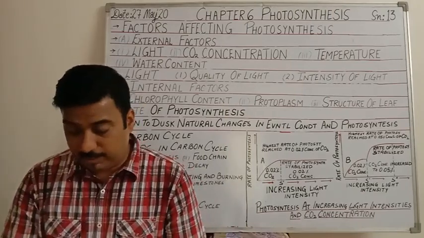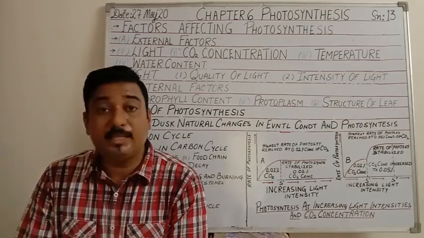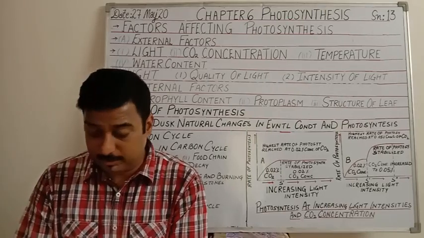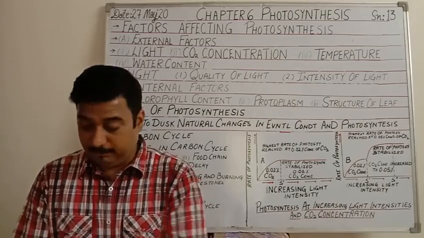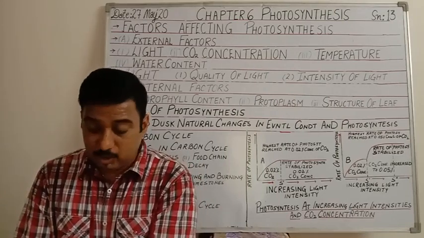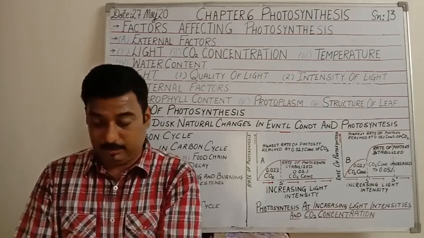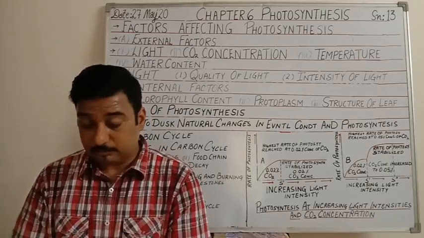So today, the things that we have seen altogether are the external and internal factors. The external factors included light, where we saw quality of light and intensity of light. Then the next external factor was carbon dioxide concentration. We have seen temperature and water content as external factors.